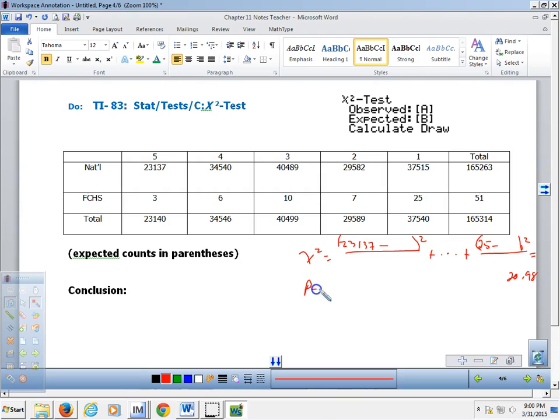Then our p-value, which is pretty small, is 0.000319, so 0.0003 works. We've already set our degrees of freedom of 4, and now we're ready to conclude. Since our p-value is certainly less than our alpha, we reject H naught.